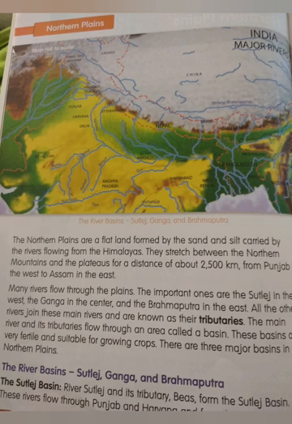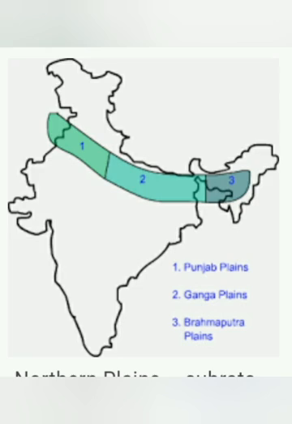The Brahmaputra basin: River Brahmaputra and its tributaries form the Brahmaputra basin. The Brahmaputra does not have any major tributaries in India. It starts in Tibet and then enters India through Arunachal Pradesh. After that, it enters Assam and forms the Brahmaputra plain or the Assam plain.